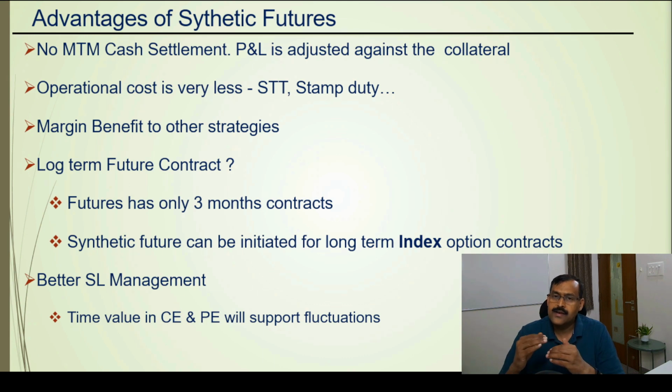So therefore, the combined premium may move by 5 rupees or slightly more than that, not exactly 10 rupees. So this gives you a better cushion to manage the stop loss. The chances of your stop loss getting hit by a small fraction gets reduced.